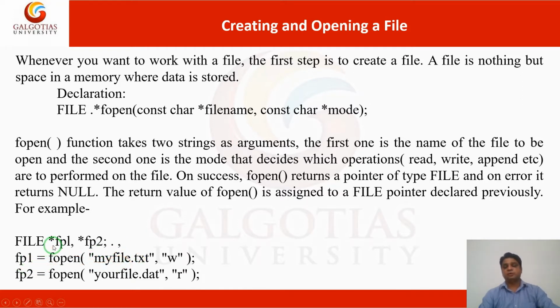What is the meaning of pointer? A pointer is basically a variable that contains the address of another variable or the file. So fp1 gets the address of myfile.txt in write mode. That means firstly this file will be created, and then you can write data on it.